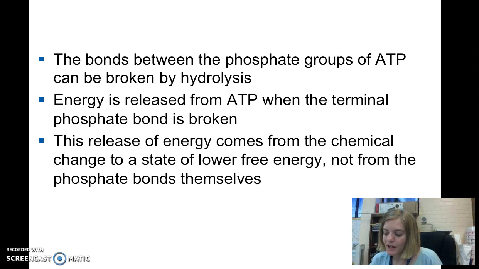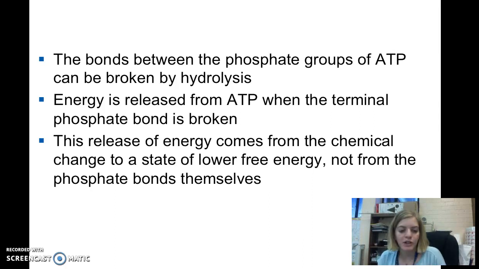During hydrolysis, this is a process that yields free energy, ADP, and an inorganic phosphate ion. And the release of this energy comes from a chemical change to a lower state of free energy as opposed to the phosphate bonds themselves. Energy is released from ATP when the terminal phosphate bond, the one on the end, is broken.